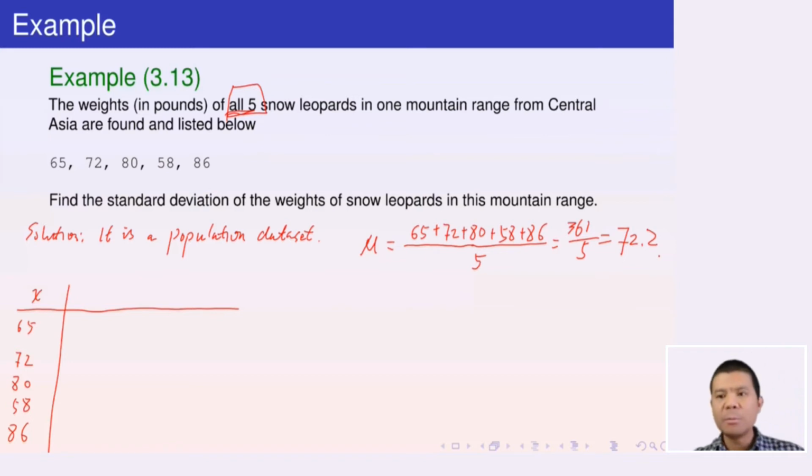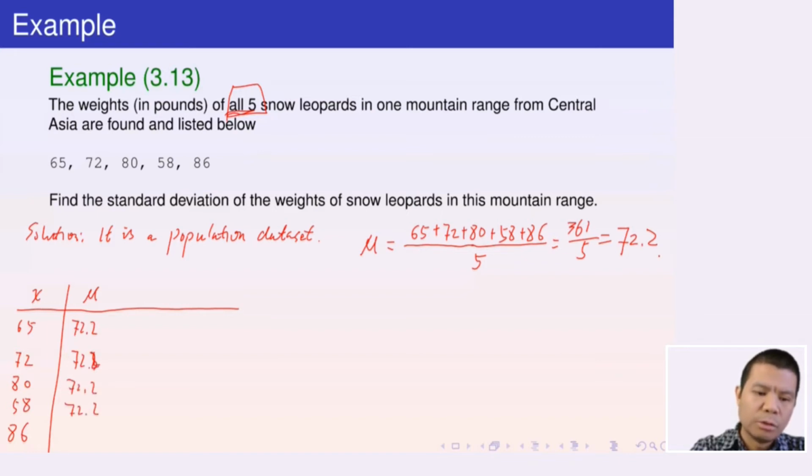In the second column, we are going to put the population mean, which is our mu: 72.2, 72.2, 72.2, 72.2, and 72.2. That's the second column, we put the mean there.